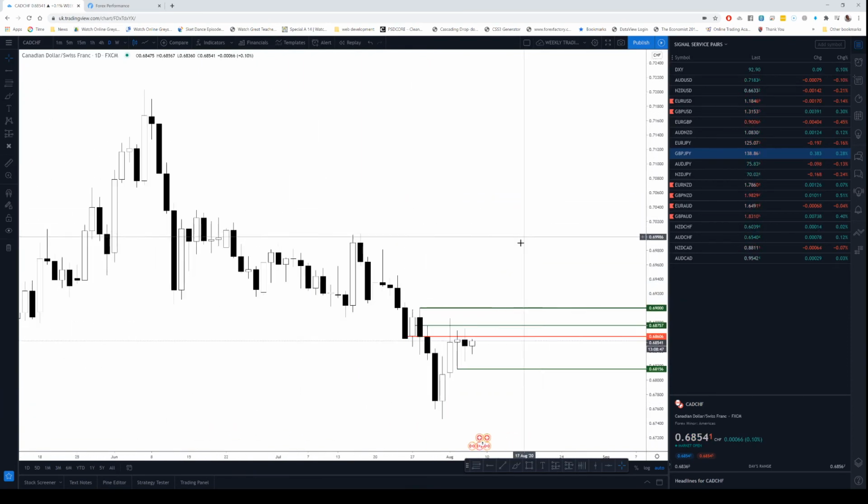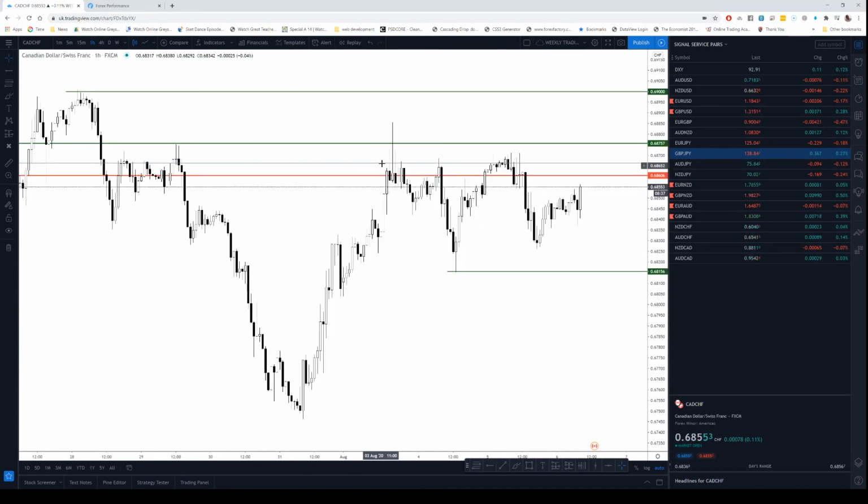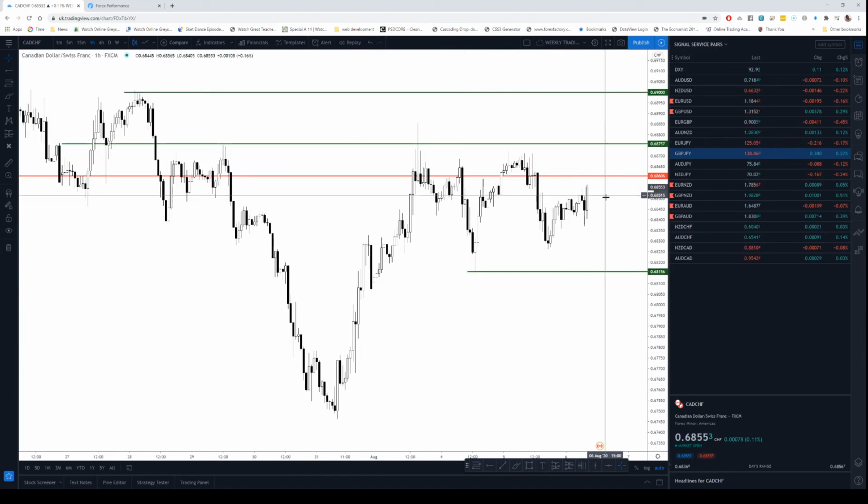So we are looking for what? Sells, but because it's a short-term retracement, the lower time frame is going to be bullish, which is the 4R and the 1R. Okay, so in here we are waiting for the 1R to turn bearish.